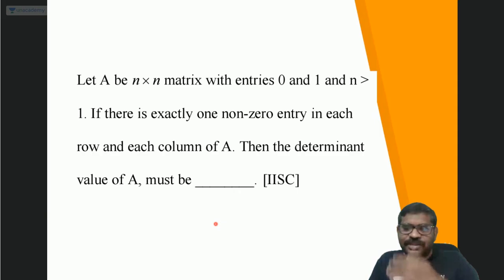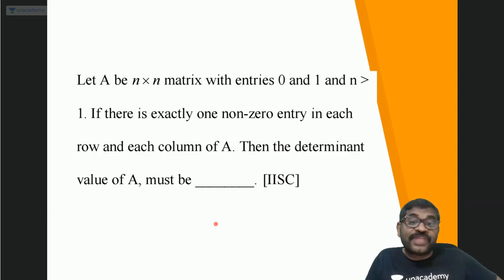If there is exactly one entry in each row and each column of A, then what is the determinant value of A? Okay.